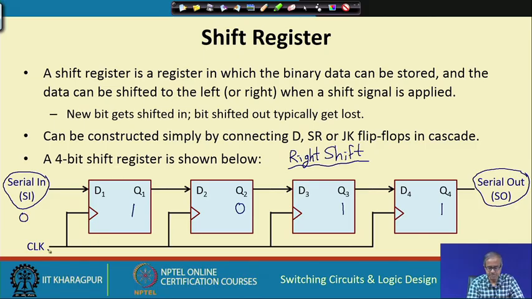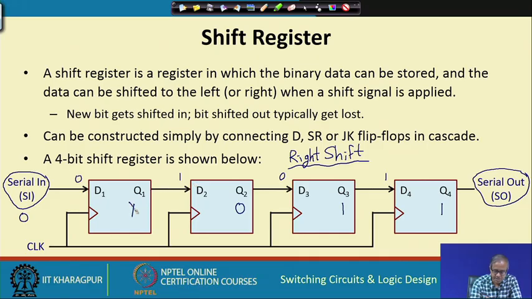Now, a clock comes. Now, understand what happens. This 0 is being fed to this input D1, this 1 is being fed to the input D2, this 0 is in D3 and this 1 is in D4. So, whenever this clock comes, this data will get stored in the flip flops in parallel.